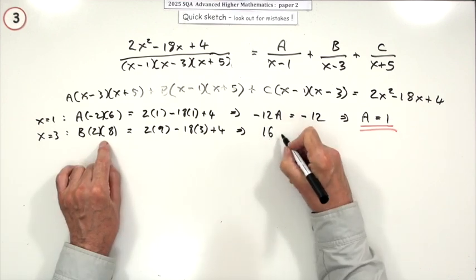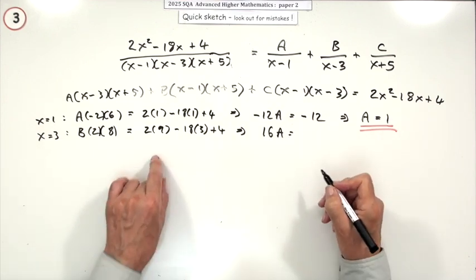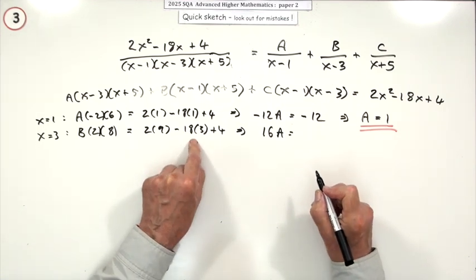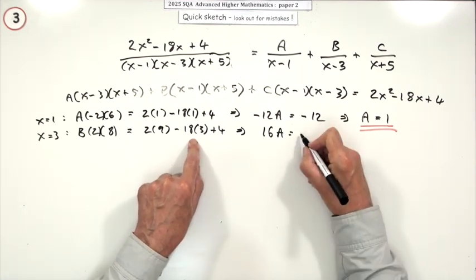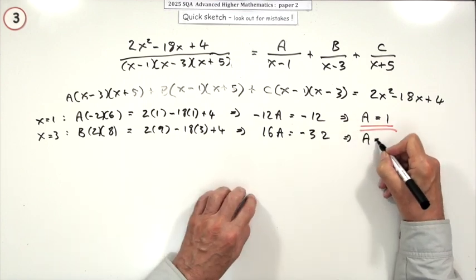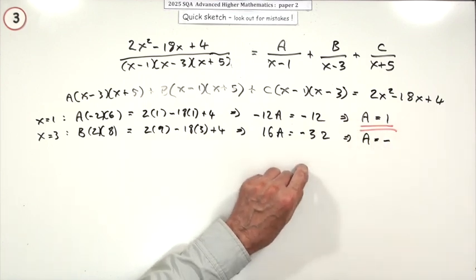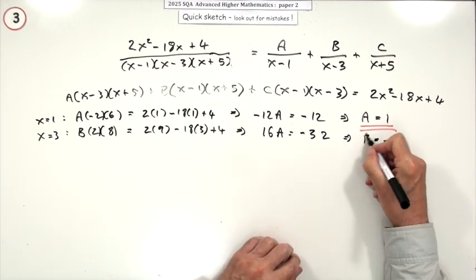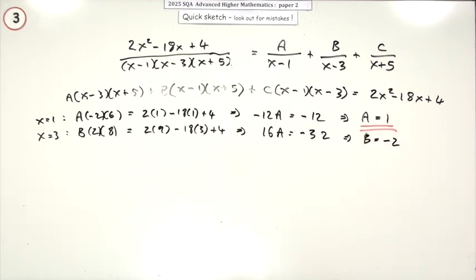So you've got 16B, and then you've got 18 minus 54, that will leave you with negative 32, which means that B equals negative 2.